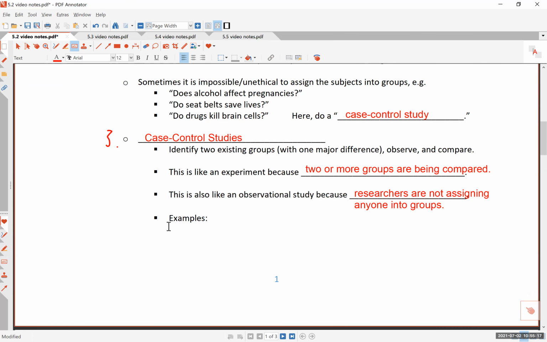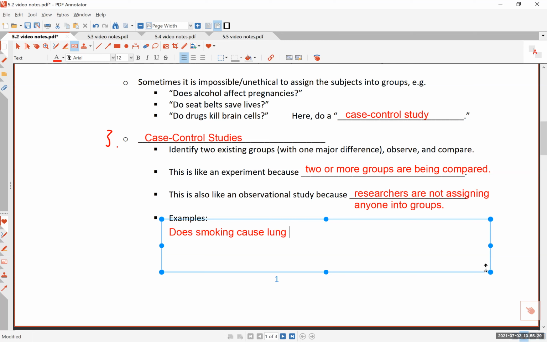Let me give you some examples here. I've already given you examples like alcohol and pregnancy. So, does smoking cause lung cancer? There is quite a bit of written statements about this particular study.